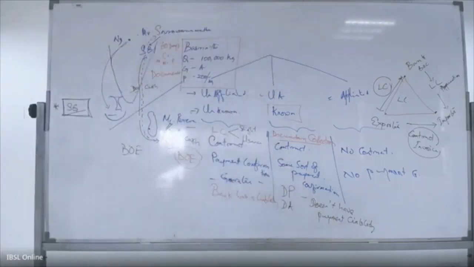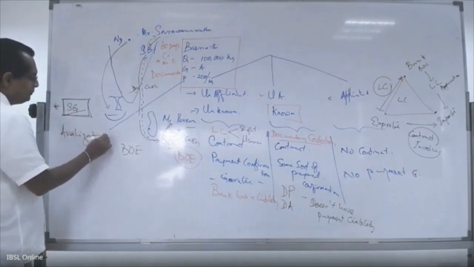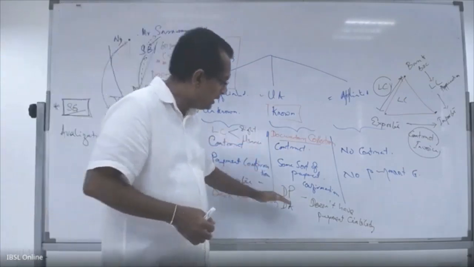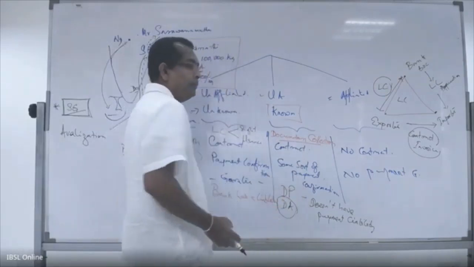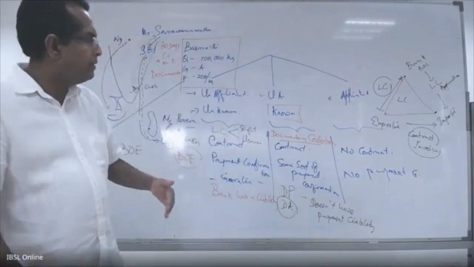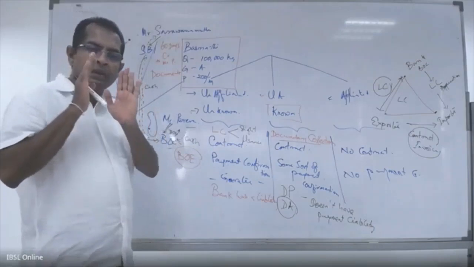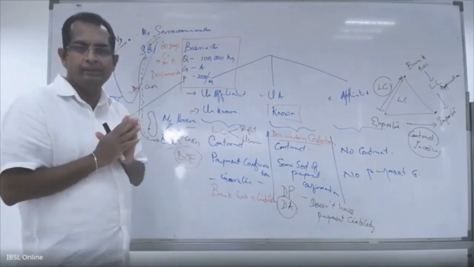Then we have another term under document collection, avalization. Avalization means when the DA documents come in, the bank, on behalf of Mr. Pereira, confirms to Sarvadamuttu that even if Mr. Pereira does not pay, we will pay.